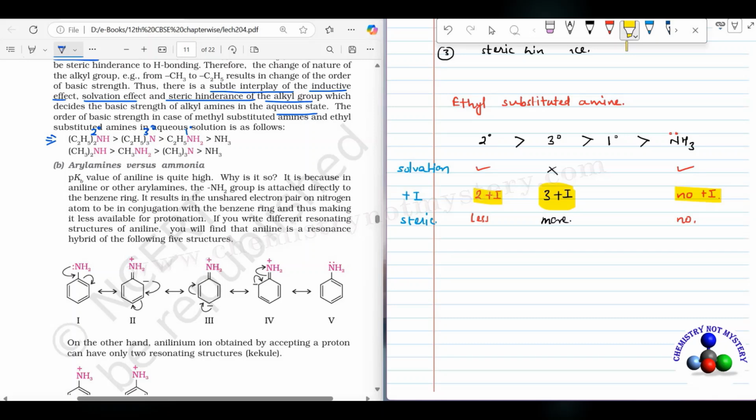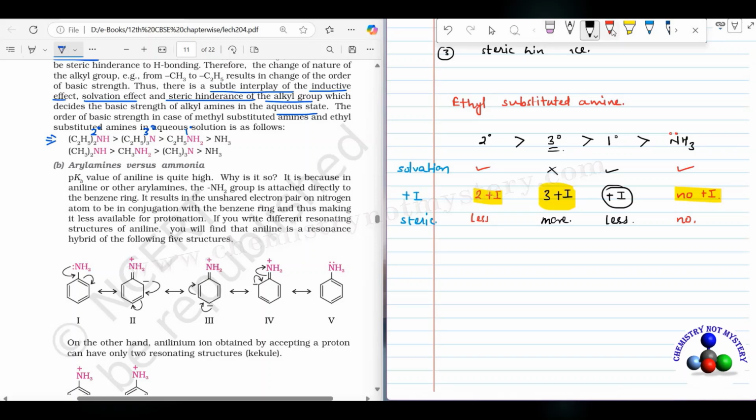Because of it, tertiary amine is more basic as compared to primary alkylamine. In case of primary alkylamine, it is stabilized by solvation, but there is only one plus I effect, though it is less sterically hindered. But because of less electron density over nitrogen, it is less basic as compared to tertiary amine.